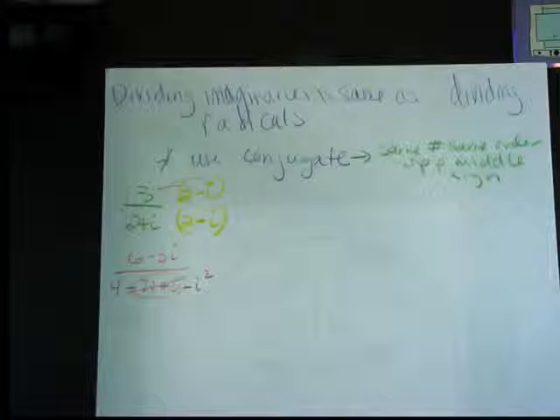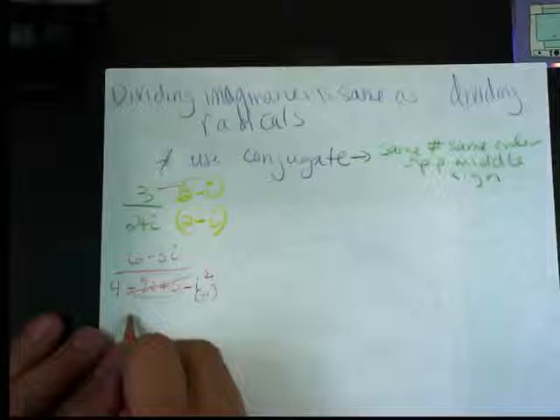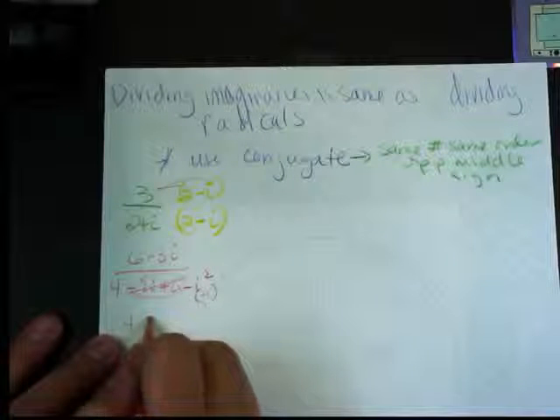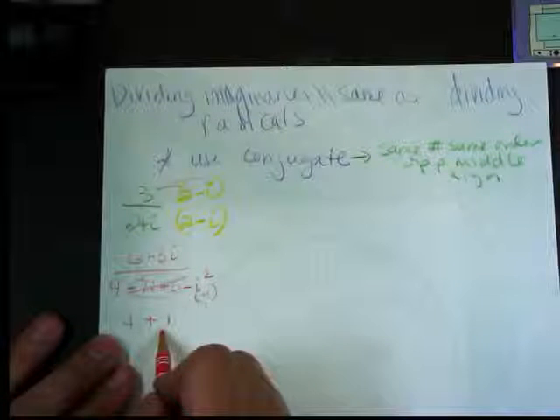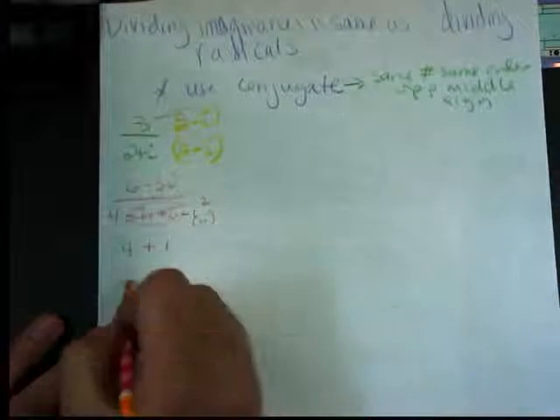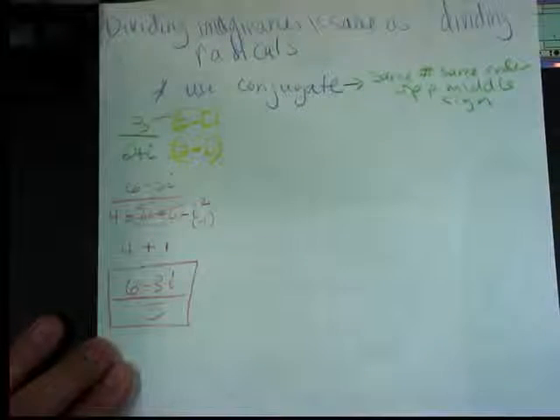That's the whole purpose of multiplying by a conjugate. If it doesn't, then you didn't do it correctly. The i squared we know is -1. So this is really 4 plus 1, because negative, negative makes positive. So put it all together, we get 6 minus 3i over 5.